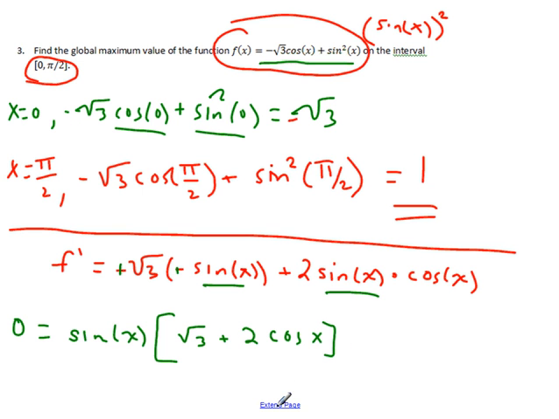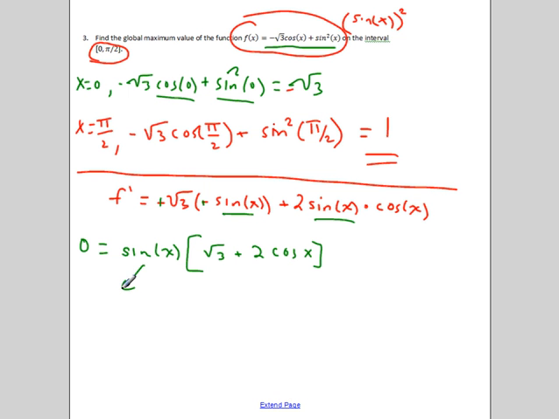Well, we know that sine of x equals 0 when x equals 0 or pi, but only 0 is in that interval, so we can ignore pi. But we've already looked at x equals 0. So this doesn't give us a new solution.